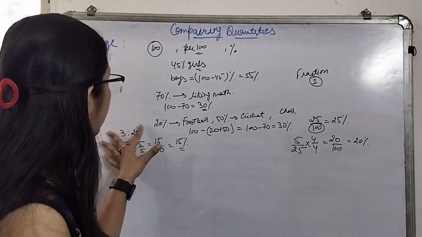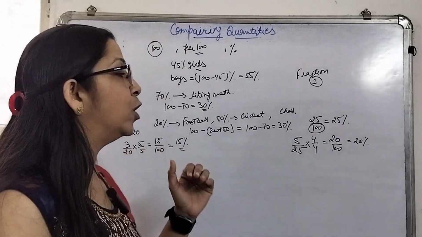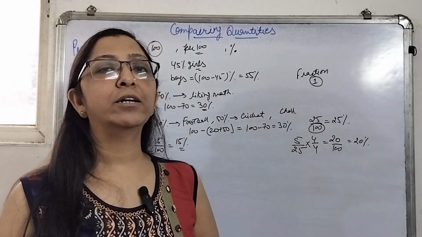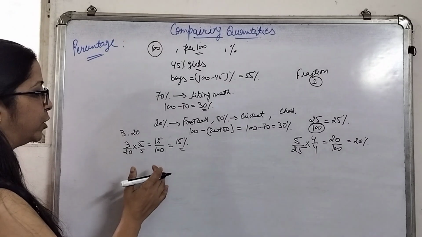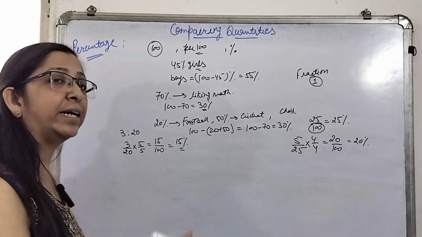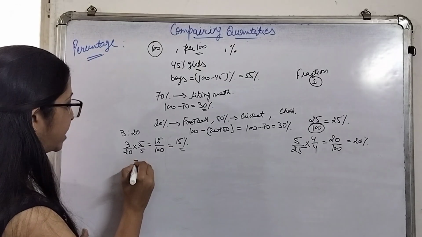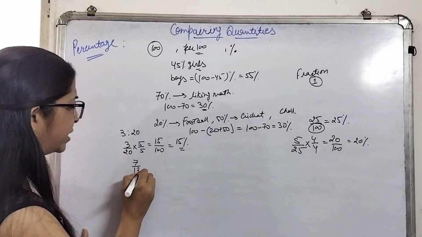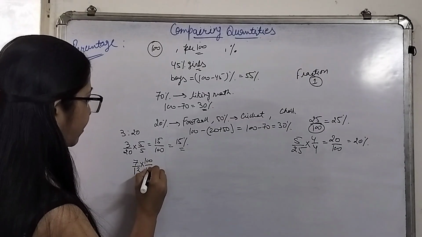So whenever we need to convert any ratio or fraction in terms of percentage, we need to convert the denominator to 100. If we cannot convert it into 100 easily, we can simply multiply and divide it by 100 also to convert it into percentage. Like if it is 7 upon 13, we can simply multiply it by 100 and divide it by 100.